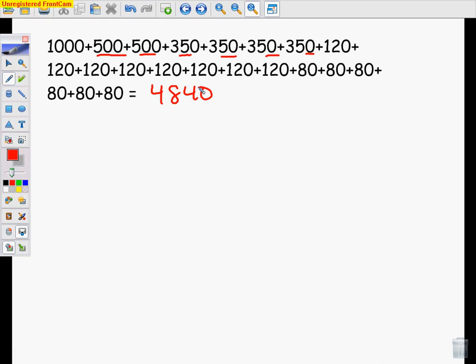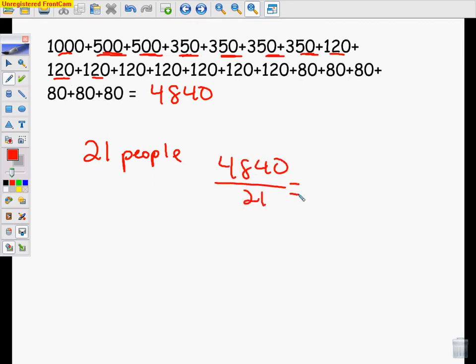And then here you also see that there's a total of 21 people. Alright, each one of these represents an individual. Okay, so there's a total of 21 of them. So you could take that 4,840 and divide it by 21.